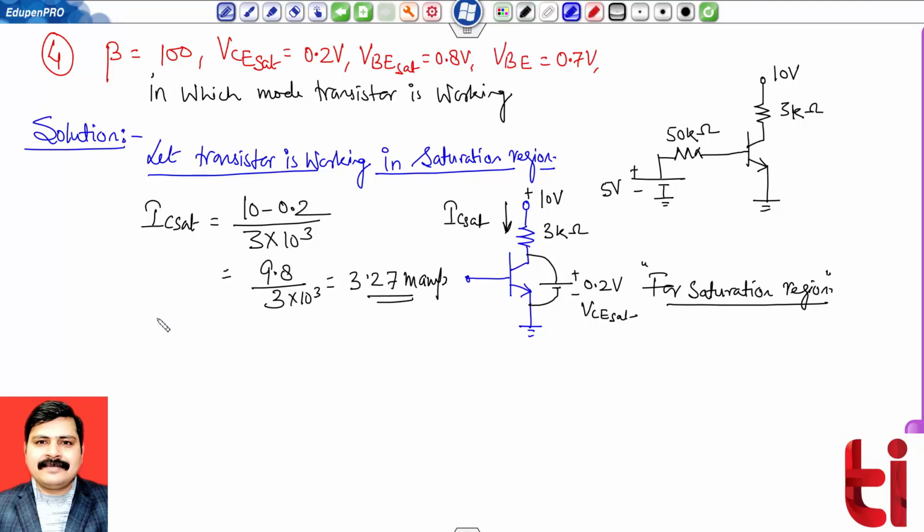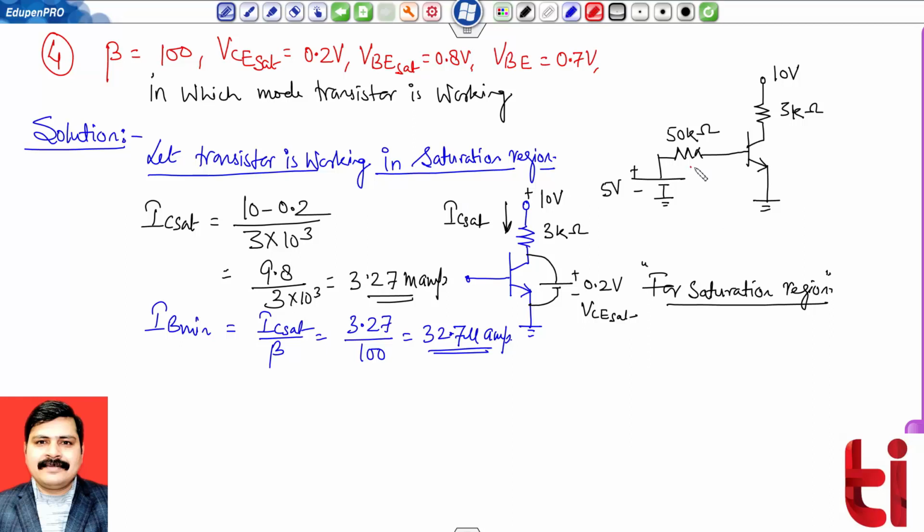Now I can easily calculate the value of IB min, and my IB min equals IC set divided by beta. So this is 3.27 divided by 100. So it is my 32.7 microampere.